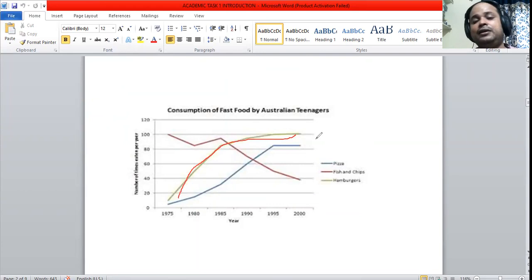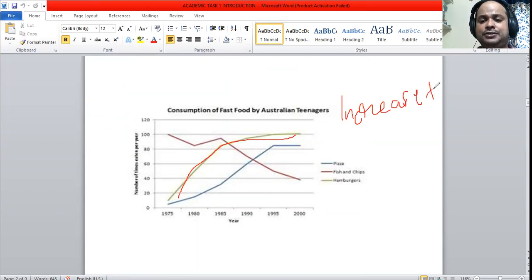So I can use increase plus dramatically.